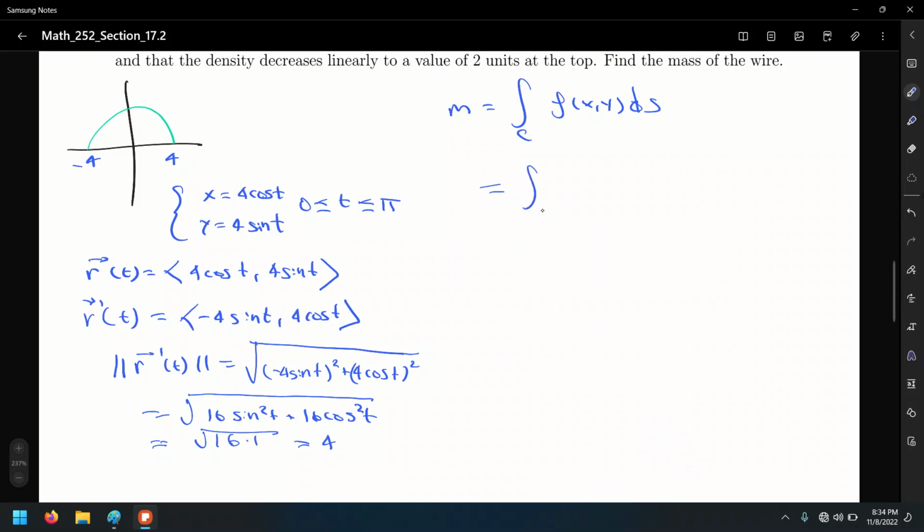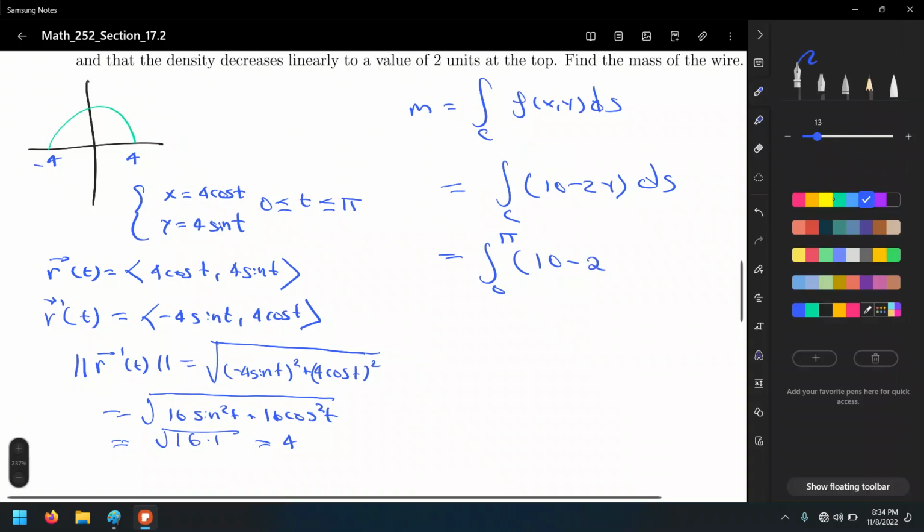So that's the integral from 0 to pi, because that's what this semicircular segment is covering, of 10 minus 2 times the y component.